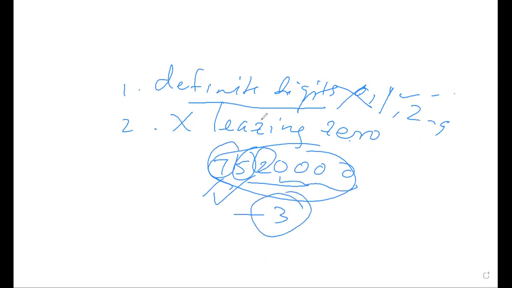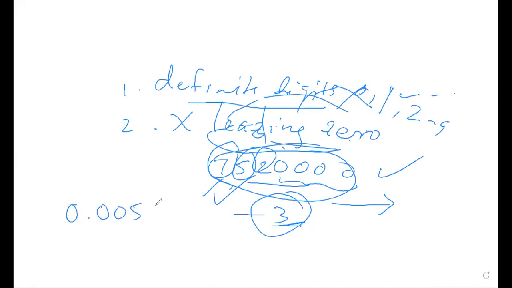These four are considered leading zeros. Leading means they are going ahead, following. So these four are not taken as significant figures. Next, they say trailing zeros. Trailing zero means, for example, 0.0050830.